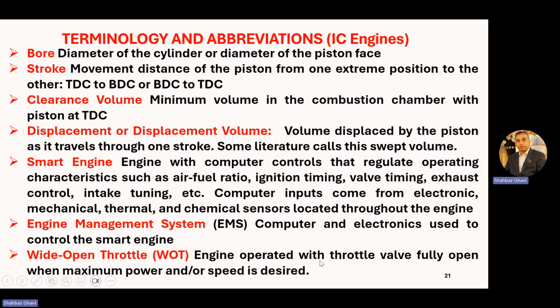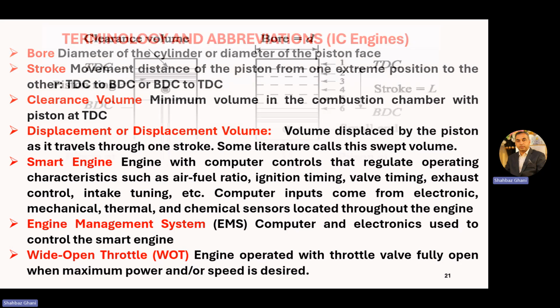When you press the accelerator pedal, it means you require maximum power or speed. So it opens the valve fully so that more air-fuel mixture comes in and you have maximum speed or power. That is your wide open throttle condition.